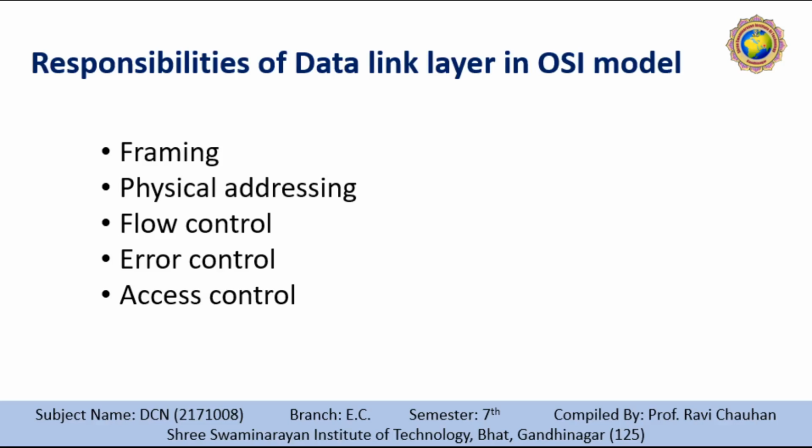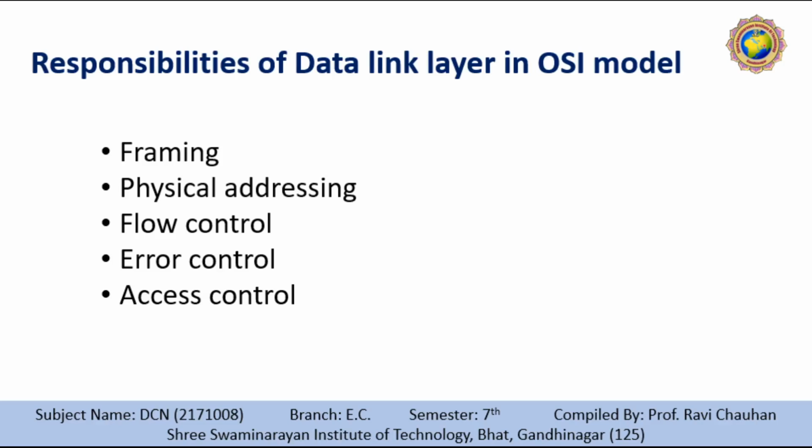Second, physical addressing. If the frames are to be distributed to different systems on the network, the data link layer adds a header to the frame to define the sender or the receiver of the frame. If the frame is intended for a system outside the sender's network, the receiver address is the address of the device that connects the network to the next node.